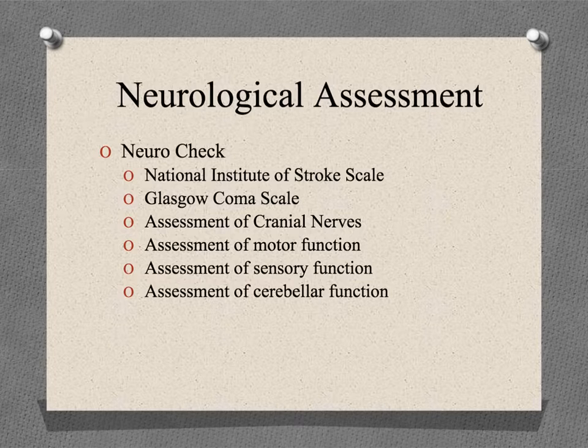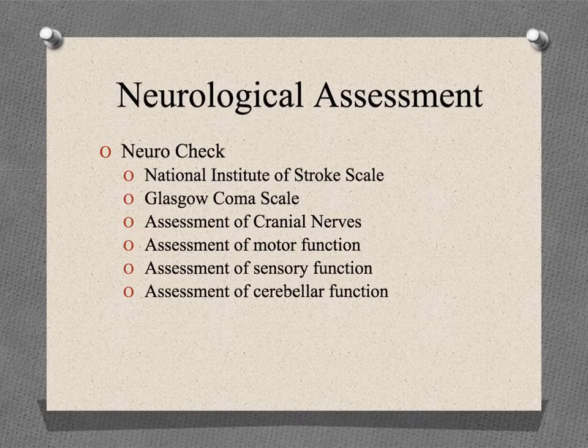This is the perception of pain, that sensory function. Some people have difficulty with pain and temperature sensations, or touch discrimination, which means the ability to determine if something is soft or sharp, things like that.